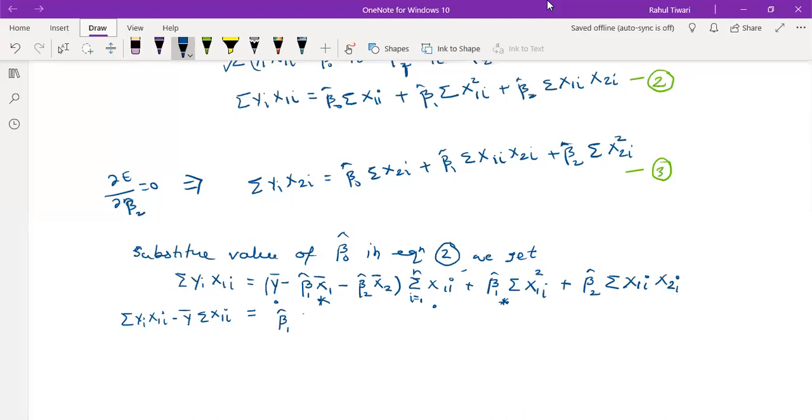This is the minus sign, this is the plus sign. So I will take beta 1 here, and then it will be summation x1i square minus x1 bar into this term, because it is in the bracket, so x1i.